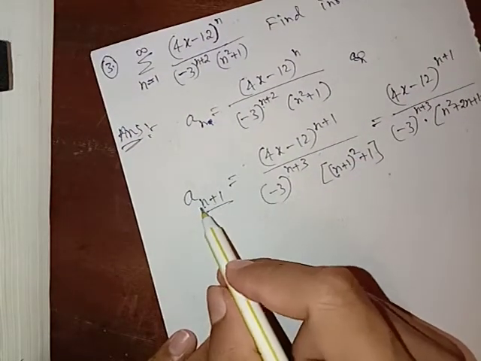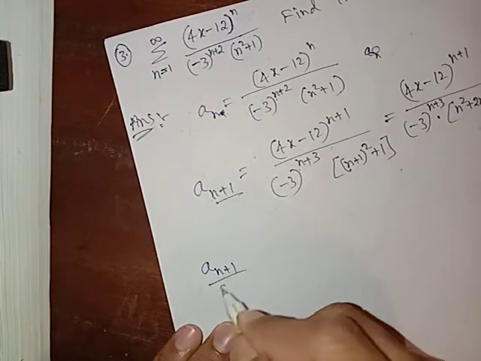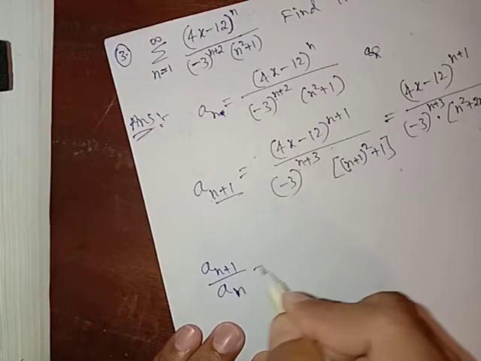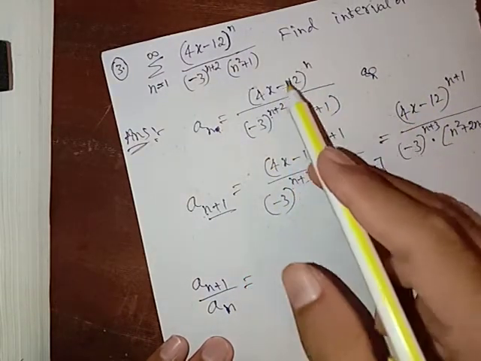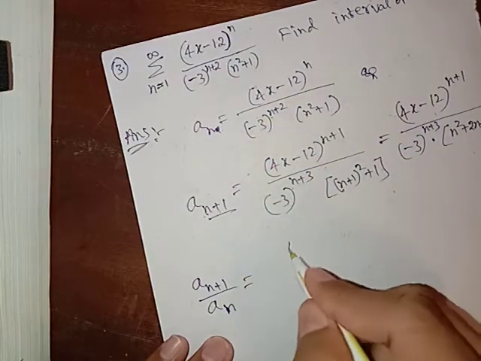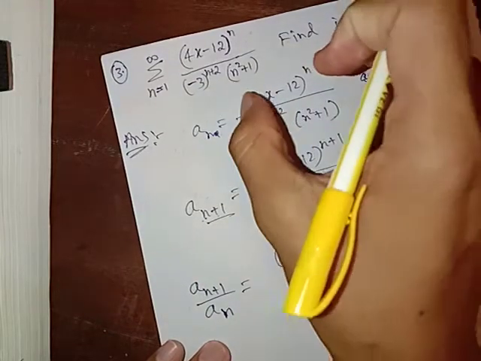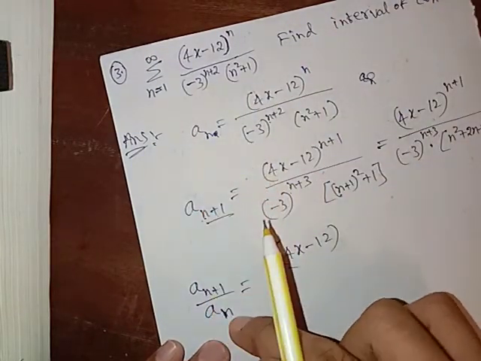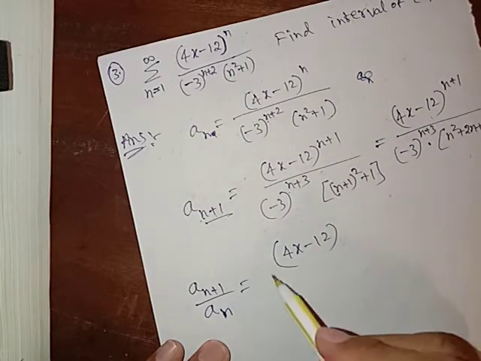Now a_(n+1) divided by a_n. If we divide this one by this, what do we get? a_(n+1) divided by a_n, we get 4x-12.